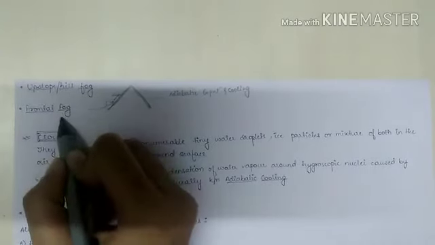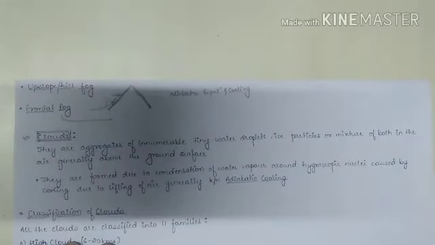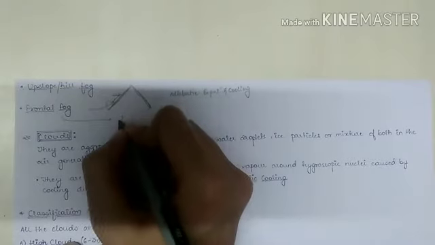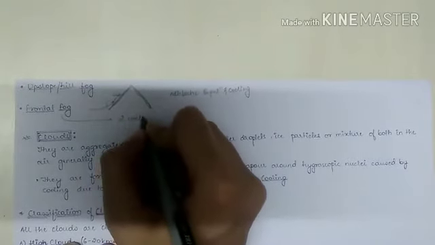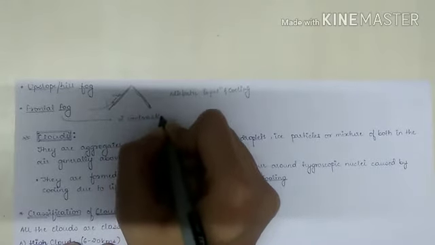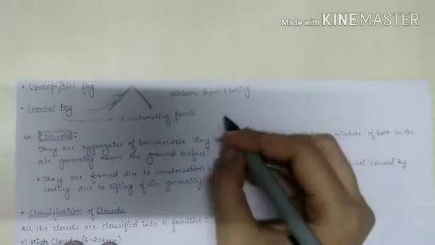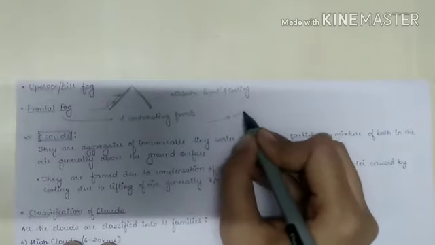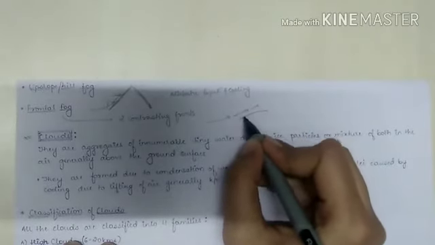Next is frontal fog. Frontal fog, as the name suggests, is formed by the collision or convergence of two contrasting fronts. So we have a warm and moist air front which is raised up by a cold air front.